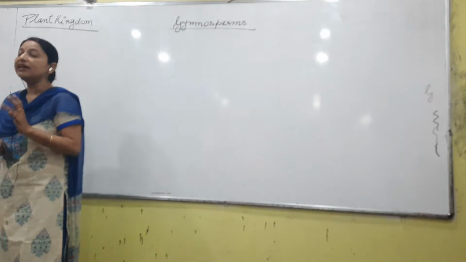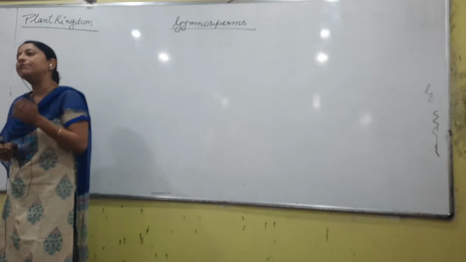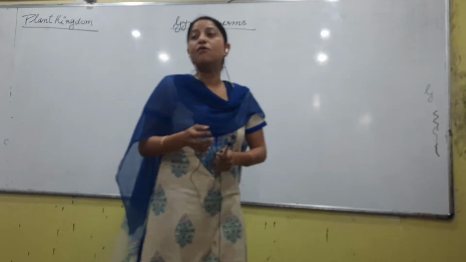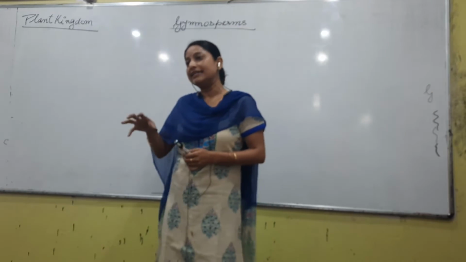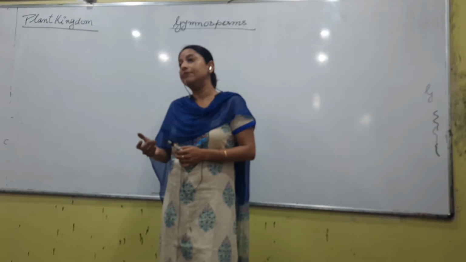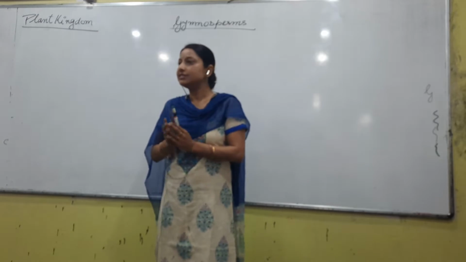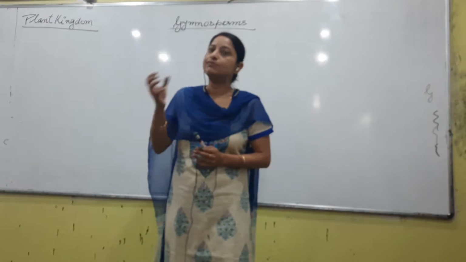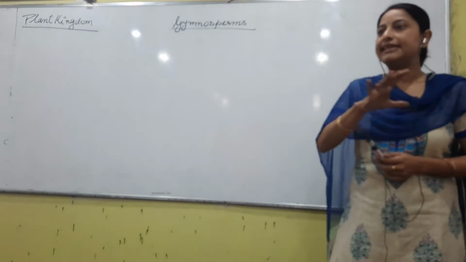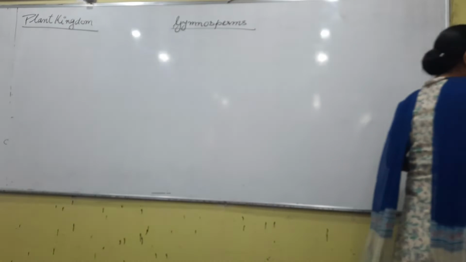That is the second reason. The third reason is that maximum of the gymnosperms have become extinct. When we go through the classification, we will see that maximum of them have become extinct. As a result, they are confined to just a few plants that grow in a specific area, and so this is considered the smallest group in the entire plant kingdom. So this is the information that we will write about.